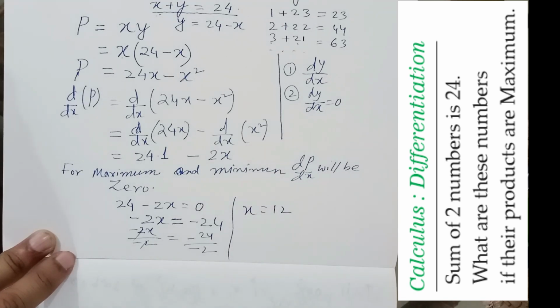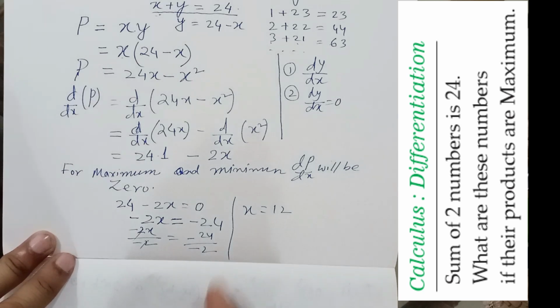So we got x equal to 12, and that's the value where we'll get maximum or minimum. But we don't know yet whether x equal to 12 will give maximum or minimum, because there could be ups and downs.